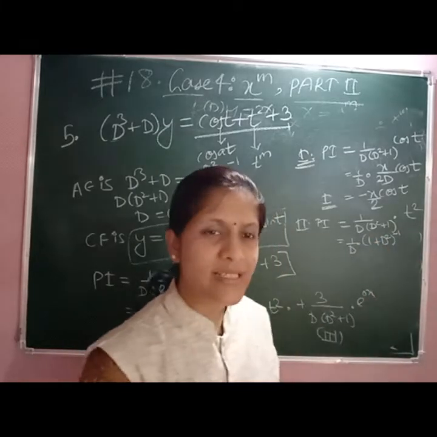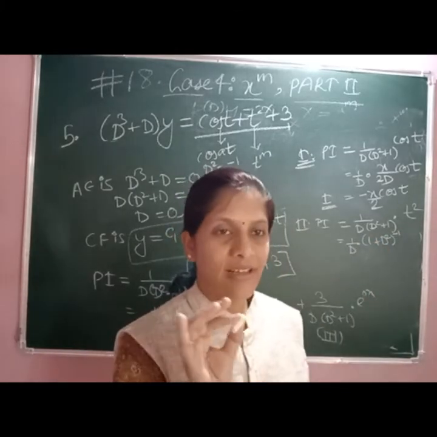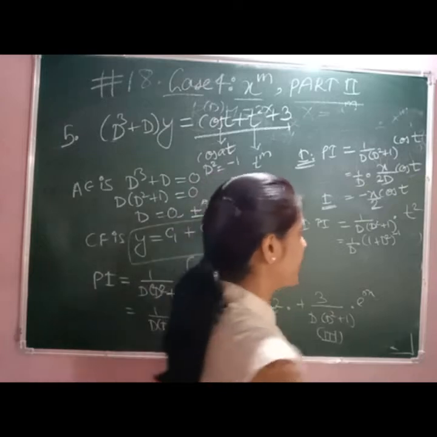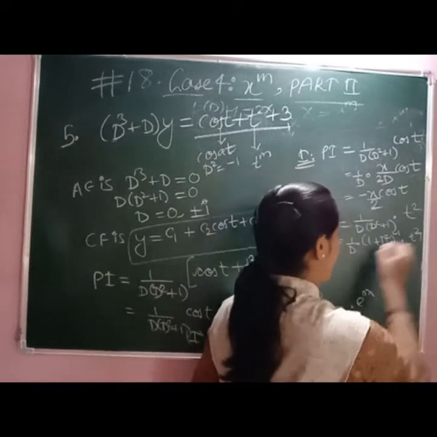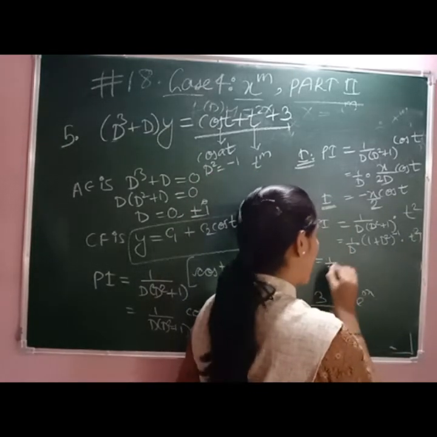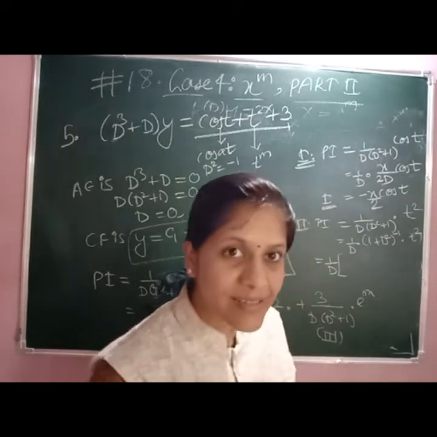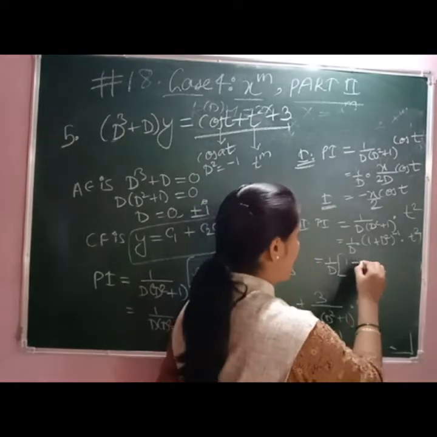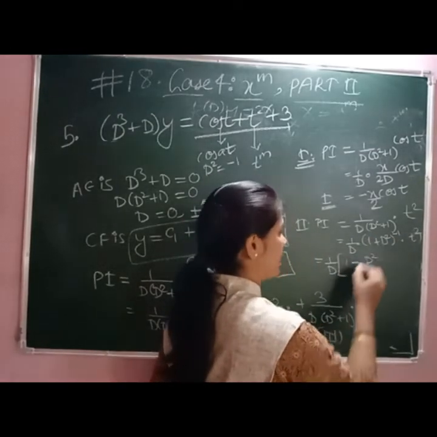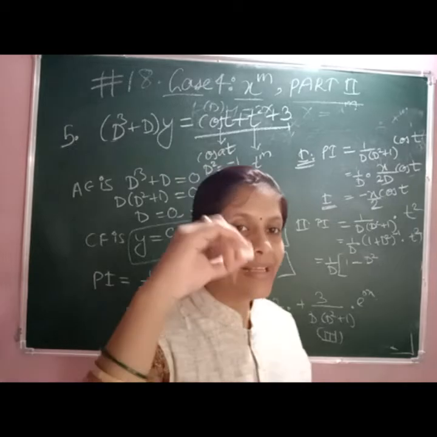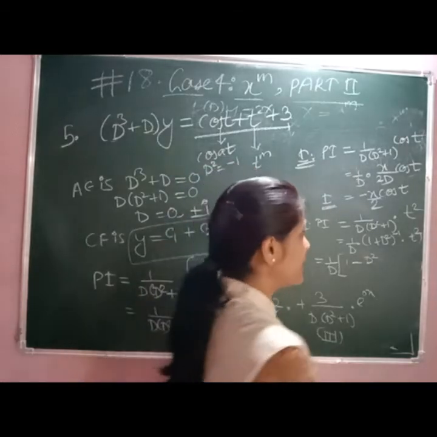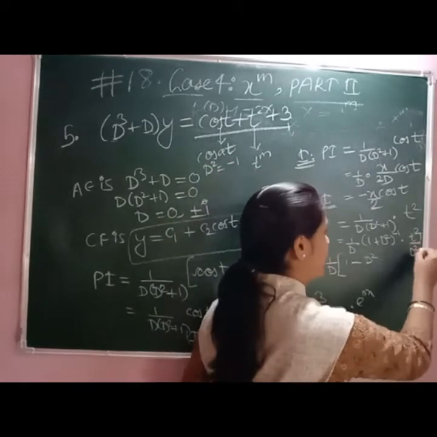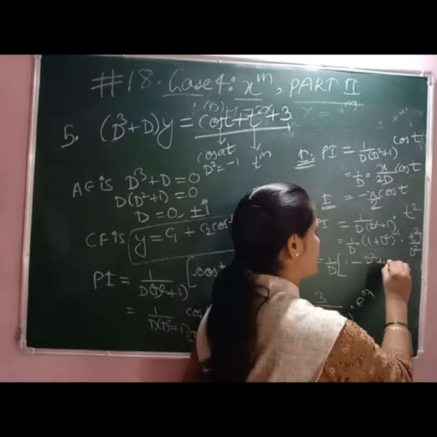Already it is written in 1 plus or minus x form of t square. So 1 upon D as it is. What is 1 plus x inverse? 1 minus x, x is D square, plus x square, D raised to 4. But consider only up to D square, so here itself we stop.